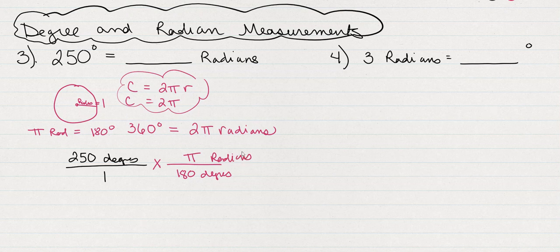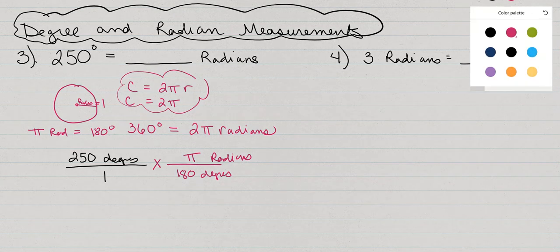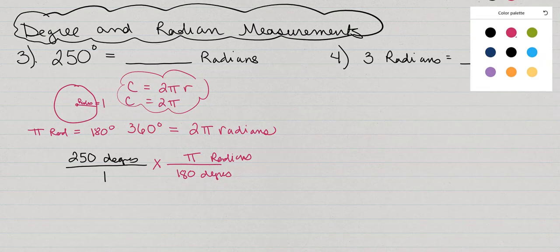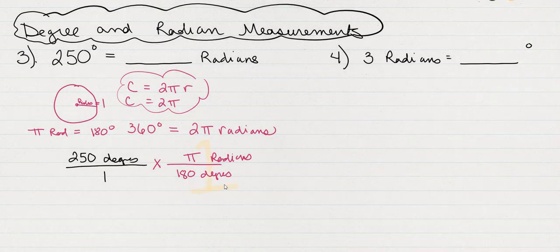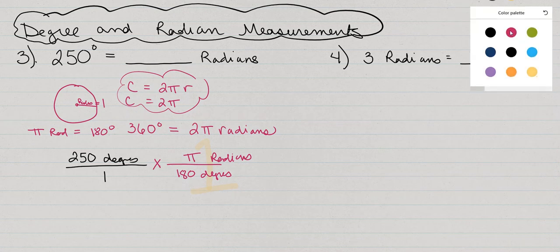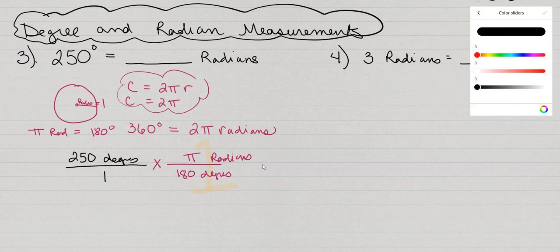Because pi radians over 180 degrees is a fancy way of saying 1. So I can use a unit multiplier, pi radians over 180 degrees, to multiply times the 250 degrees. And when I multiply by that 1, I don't change the value of the function, or the expression. I don't change its value because I'm multiplying by 1.